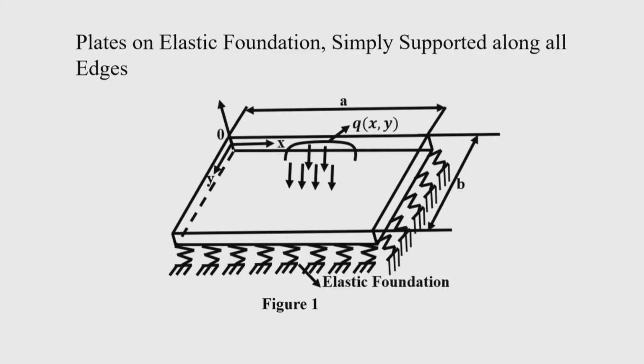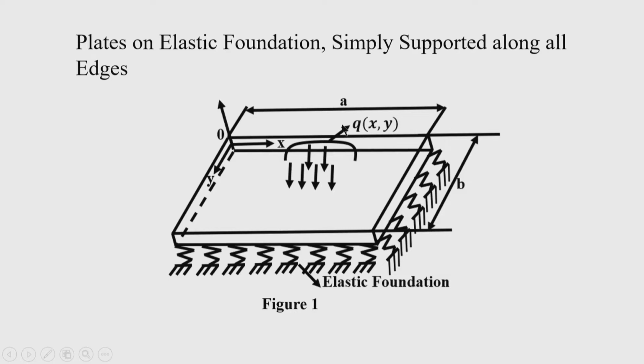Okay. Now, let us see this plate, which you can see is a rectangular plate, the length is A and the breadth is B. The load acting on the plate is Q(x,y). It may be uniformly distributed load, or concentrated load, or any other type of load, uniformly varying load.